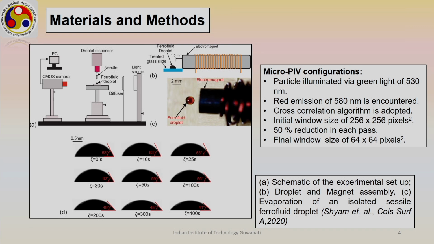Now, the ferrofluid droplet is placed over here, on a glass slide, and the distance between the outer surface of the electromagnet which is fabricated, that is an iron core, and copper wire is wound around the iron core, and depending upon the number of turns we can vary the strength of the electromagnet.